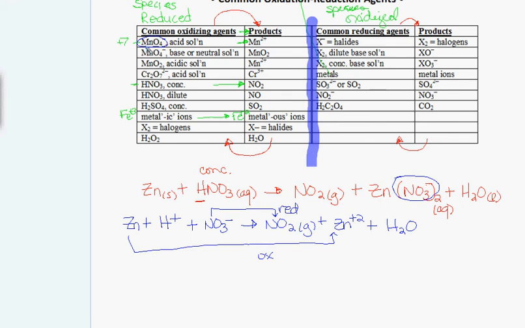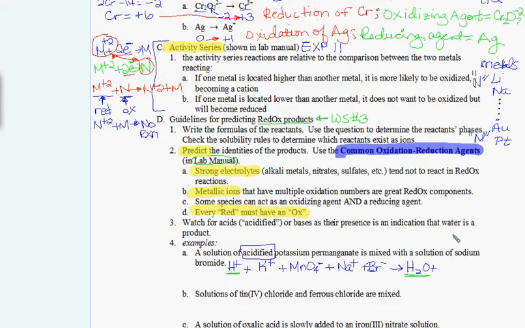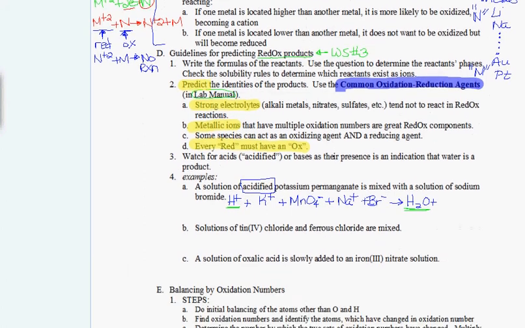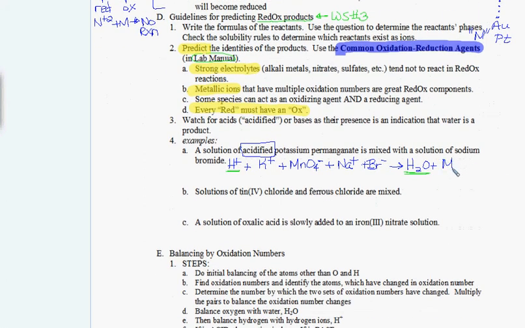Since our permanganate is listed first and it's in an acid solution, we know that manganese ions are going to be one of our products. We also know, because permanganate was listed as a common oxidizing agent, that the manganese is the species that is being reduced.